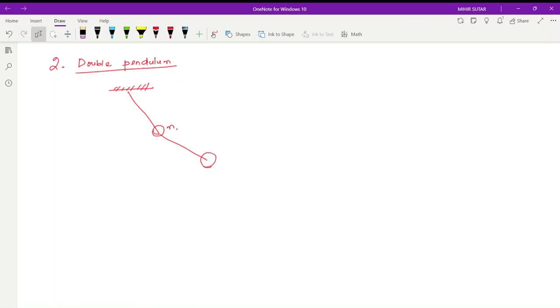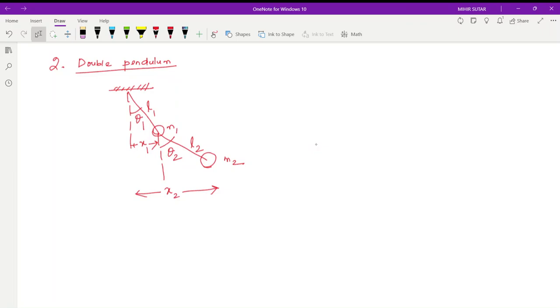First pendulum mass m1, second m2. Let's say this angle is theta 1, this angle is theta 2. And length of the first string, let's say L1, length of the second string L2, horizontal distance, let's say x1, and this is x2.